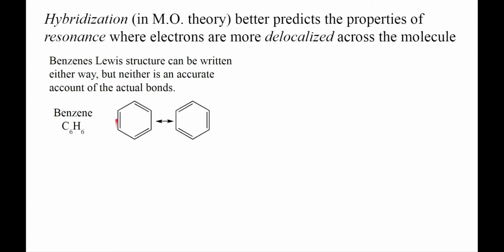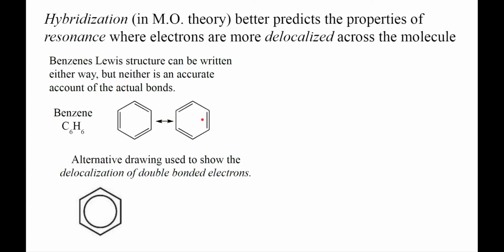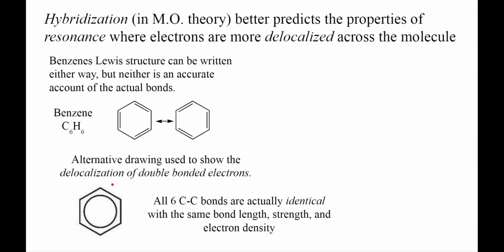So this gives better account for resonance. So to draw benzene, you could draw alternating double bonds either on the left or on the right, but we know that the bonds are actually equal, all six of them. So they're equal in strength and length, electron density. So it's like each one of them has one and a partial bond, partial double bond.